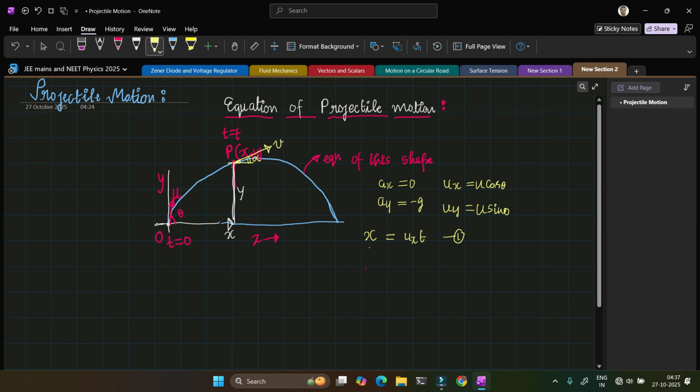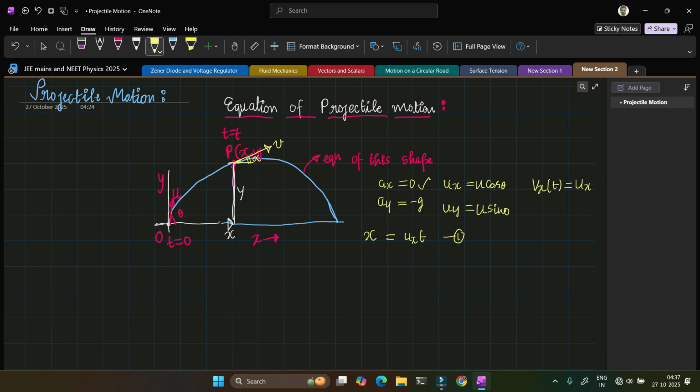Because there is no acceleration in the x direction, velocity vx remains ux, the initial velocity, throughout its journey.